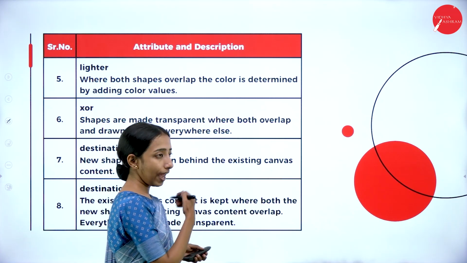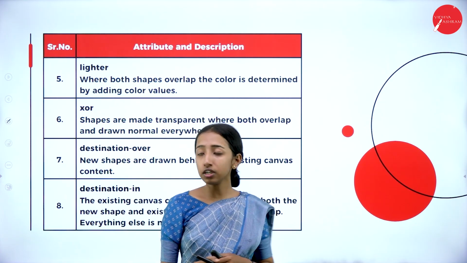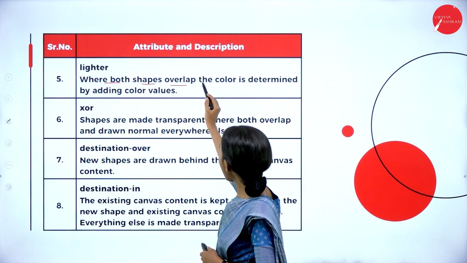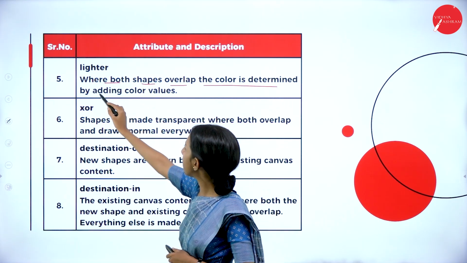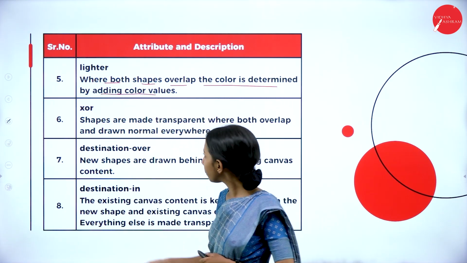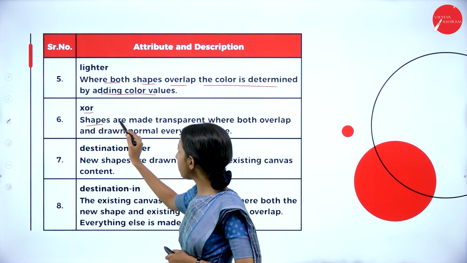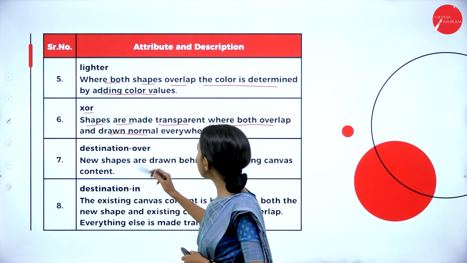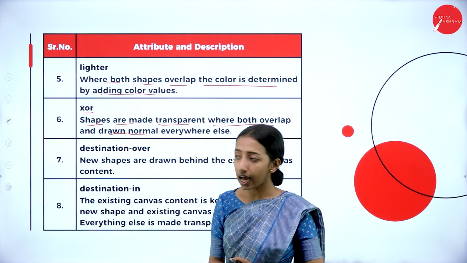So here are the other composition types. Lighter: where both shapes overlap, the color is determined by adding color values. And XOR: the shapes are made transparent where both overlap and drawn normally everywhere else.